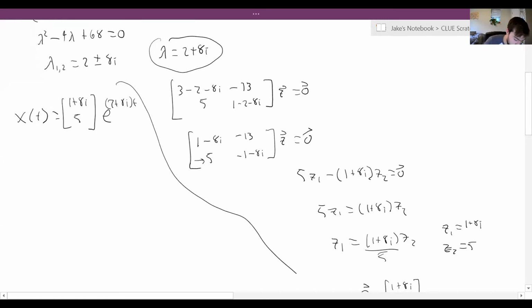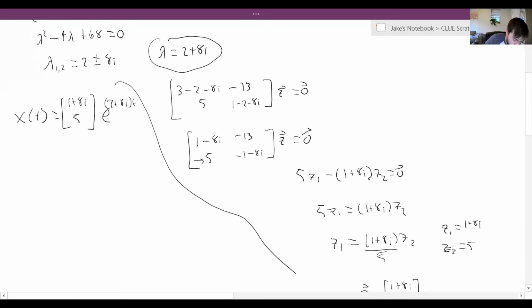So what we do is look at this power and divide it up. We get the vector (1 plus 8i, 5), and then e to the 2t and e to the 8it. Now, what does this look like to you?